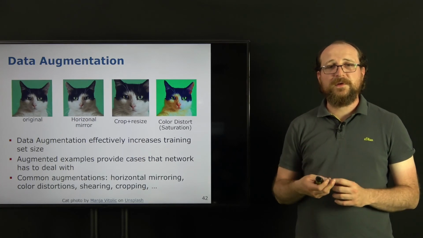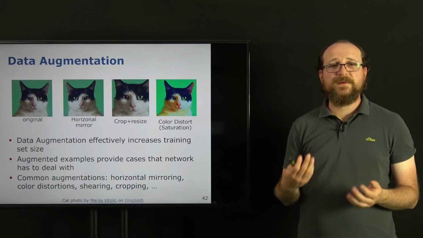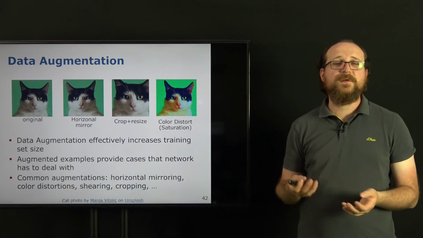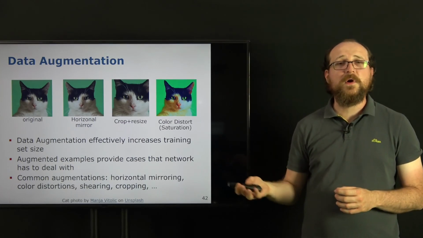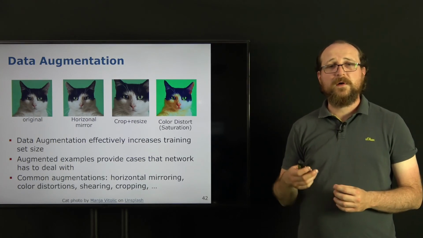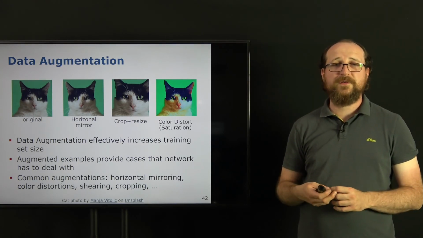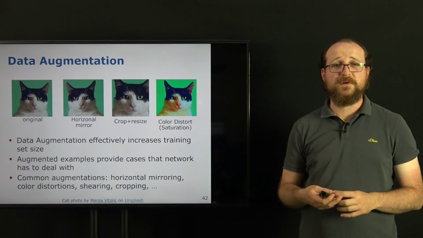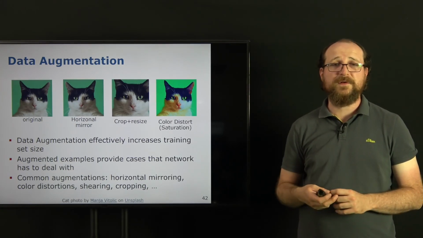So data augmentation is an effective way to increase the training set size by providing new images, by maybe doing horizontal mirroring, or doing a crop and resize operation, or maybe just changing the colors by making the saturation a little bit different.